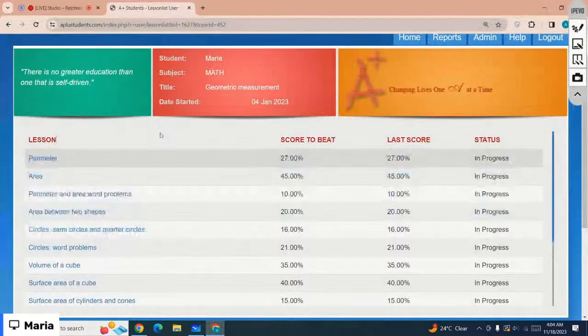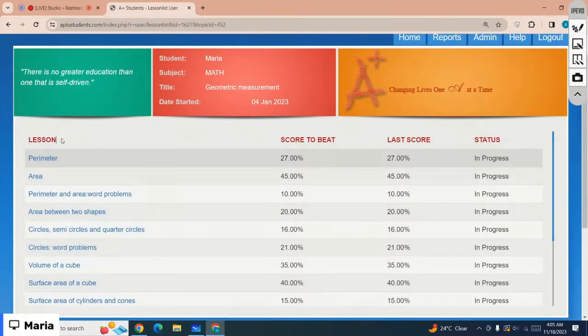So here I'm on grade 8 math. The chapter is geometric measurement.